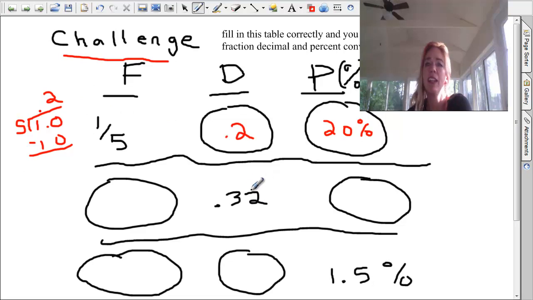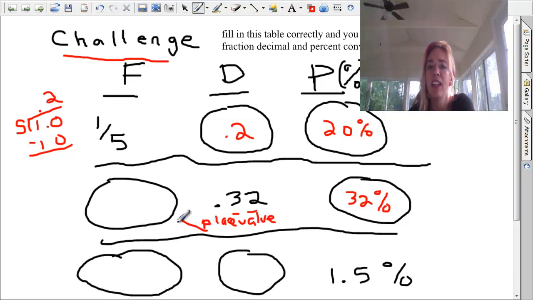Let's keep playing. It's kind of a fun little game. How do you go from 0.32 decimal to percent? You slide 2 to the right, so hopefully you're thinking that's 32%. And here's neat. If you have 0.32, how do you state it as a fraction? Note to self, just use the place value to get it to its fraction form, meaning tenths, hundredths.